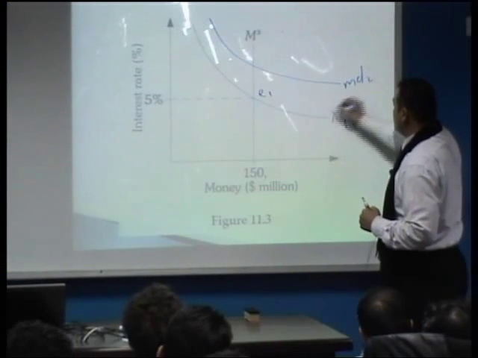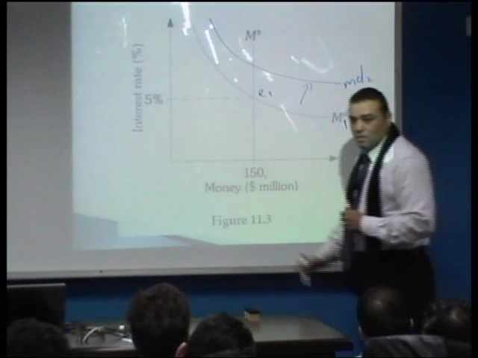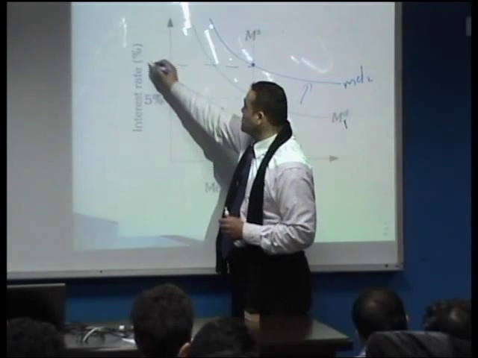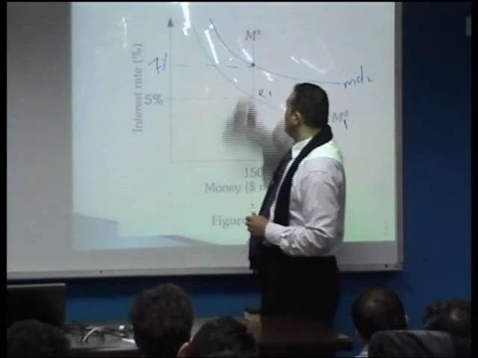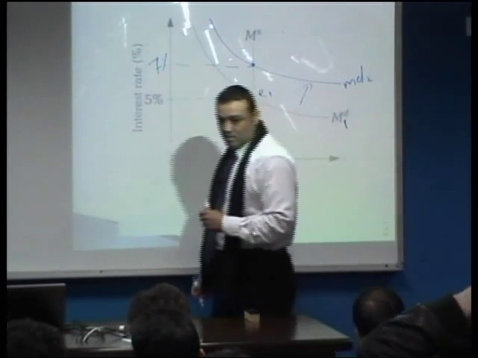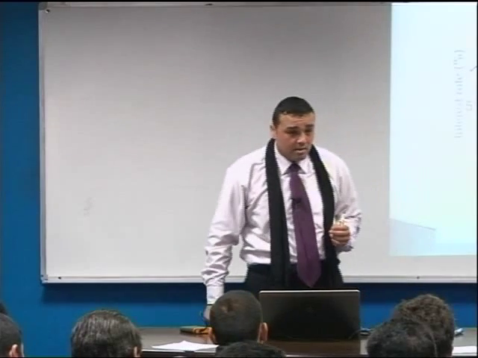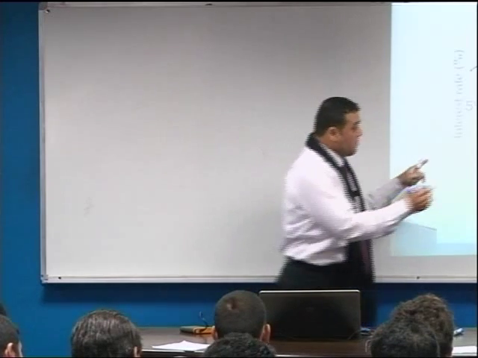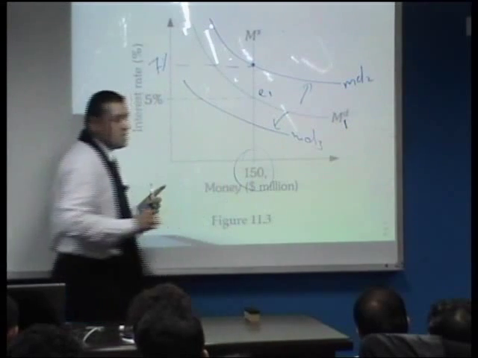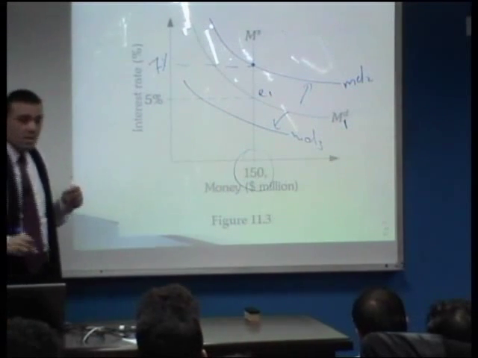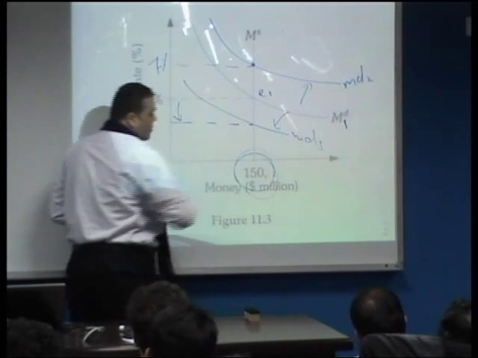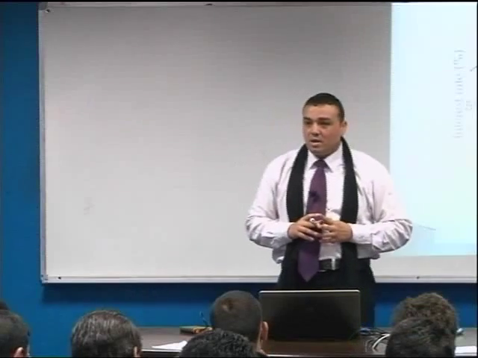It would increase to R2, for example from 5% to 7%, but the quantity of money holding remains constant. Suppose money demand declines to MD3, a leftward shift of the money demand curve. There is a decrease in the interest rate, and the quantity of money holding remains constant at 150.